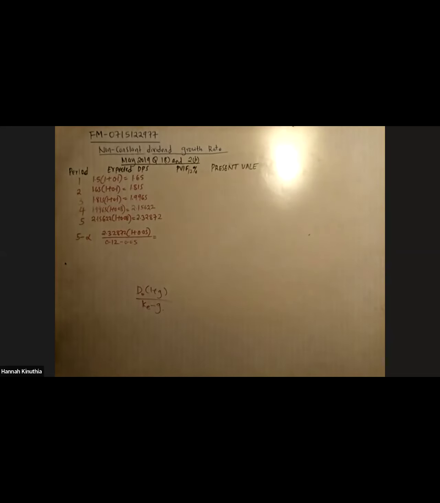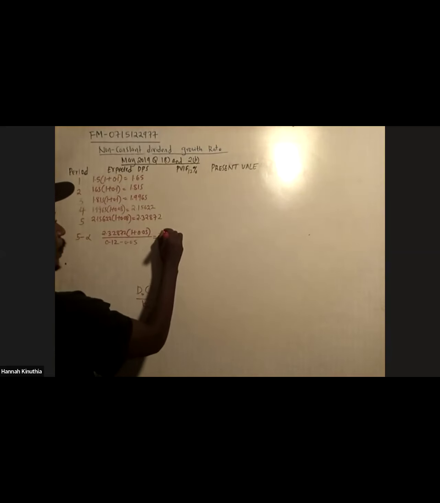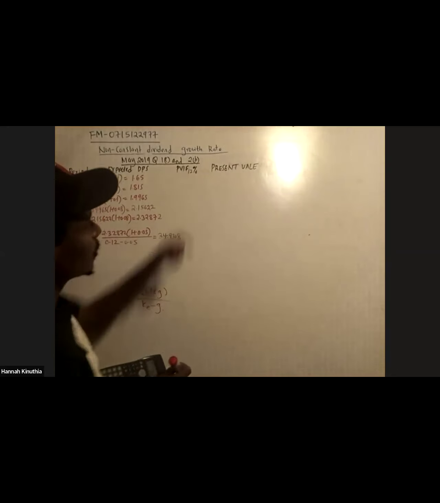What will be the answer for that one? 2.32872 into bracket 1 plus 0.05 divided by 0.12 minus 0.05. The answer will be equal to 34.9308.